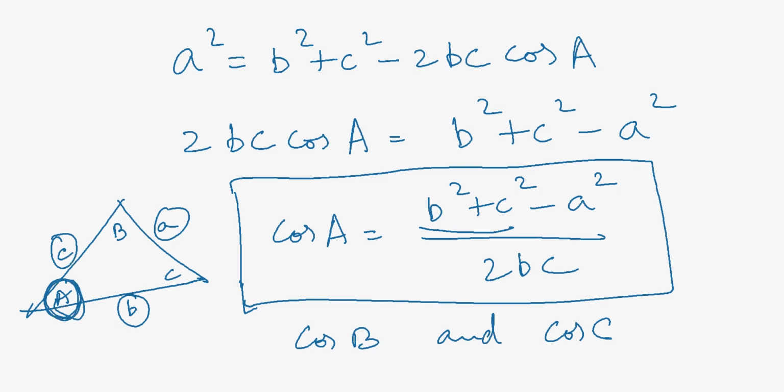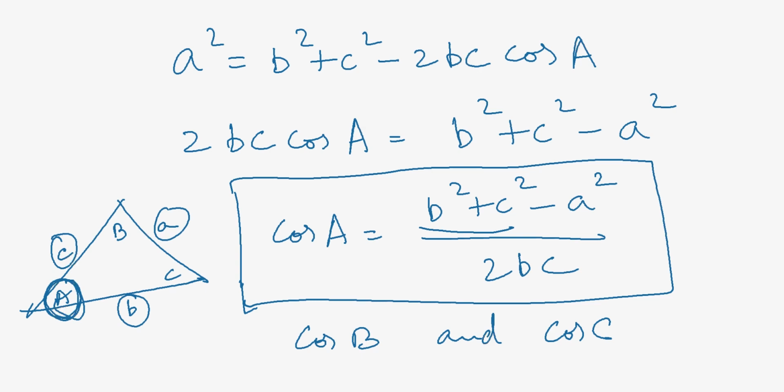Whenever you know three sides and want to calculate the angles, the cosine rule comes into the picture. Are you okay? Yes, sir. So you feel comfortable with the cosine rule and sine rule and where they are applicable? Yes.